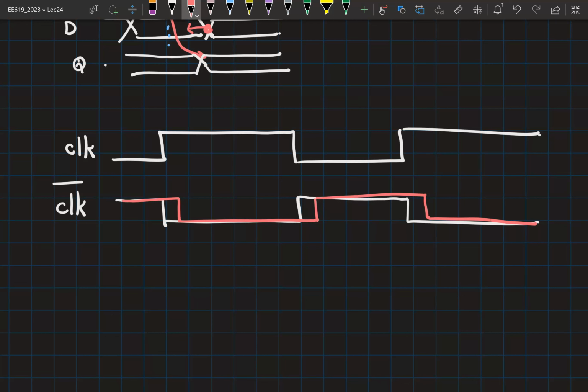You have a 1-1 overlap here. Zero, zero. Again 1-1 overlap. So what is the state of L1 here?